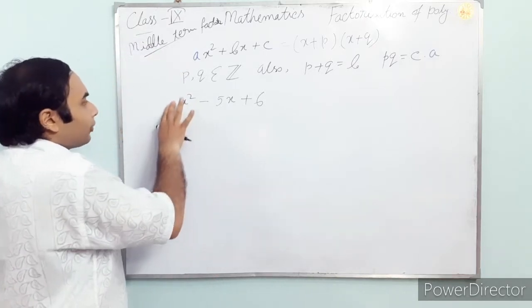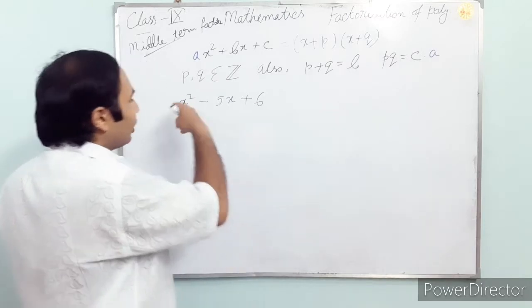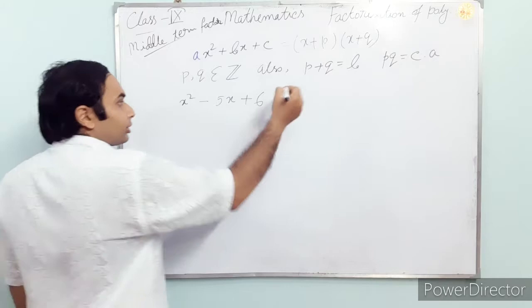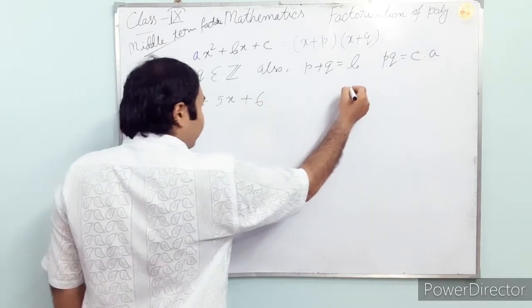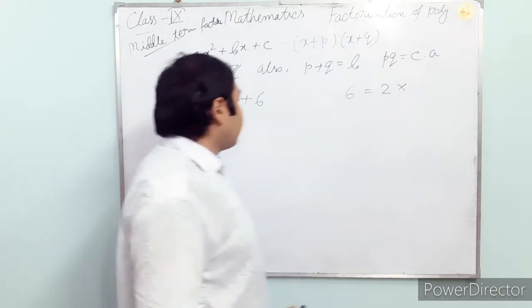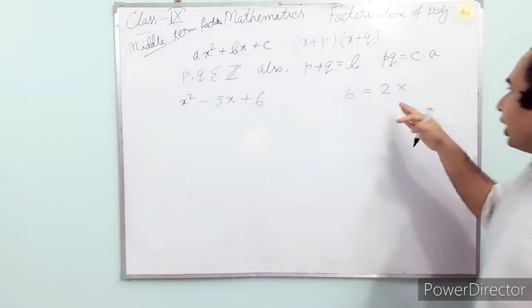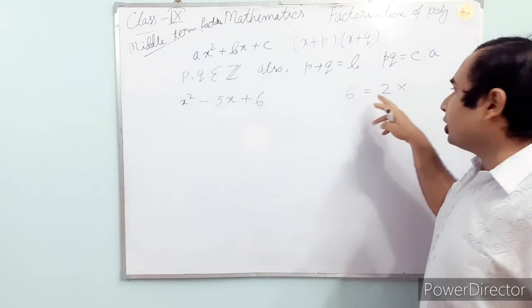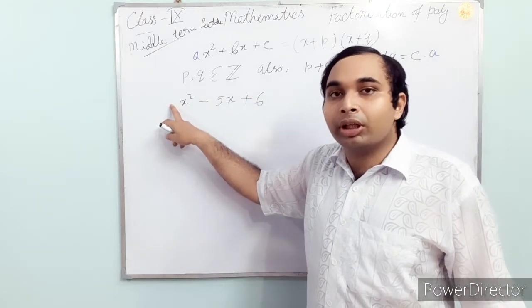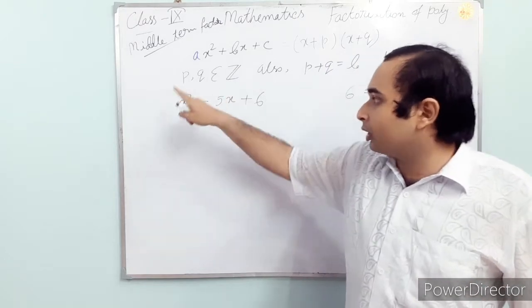Okay, I am taking at first x square. After that, more than one coefficient we will take here. So now 6 is here. You have to factorize 6. Factorize means you have to make pairs so that the product of those two numbers will be equal to 6. Suppose it was 12, erase that one.